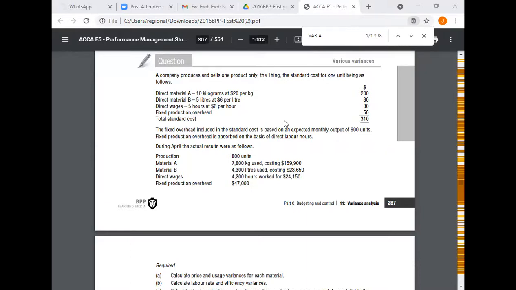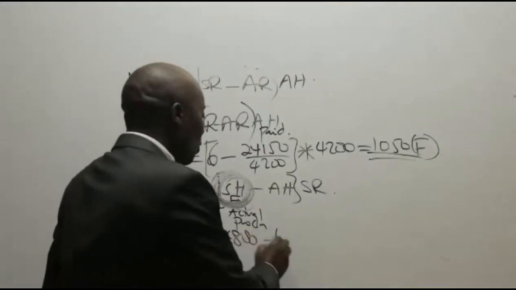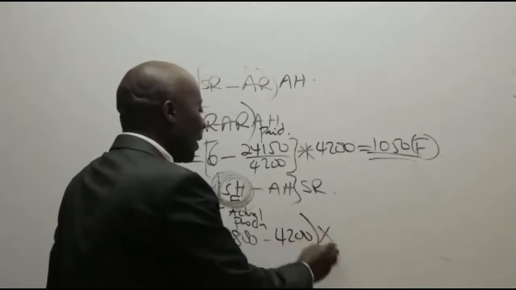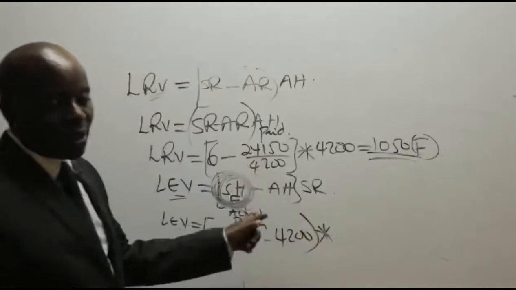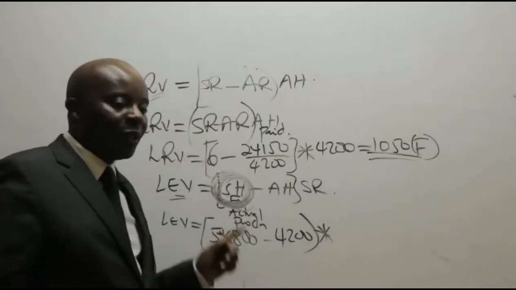Minus the actual hours, from the actual results, I can see they were 4,200. So minus 4,200 multiplied by the standard rate per hour. If my memory serves me well, you were able to give me the standard rate per hour.